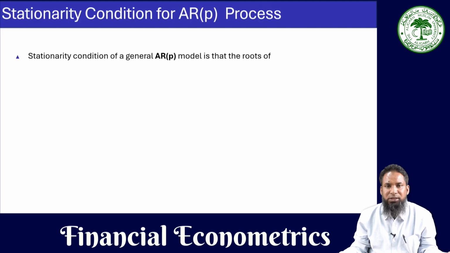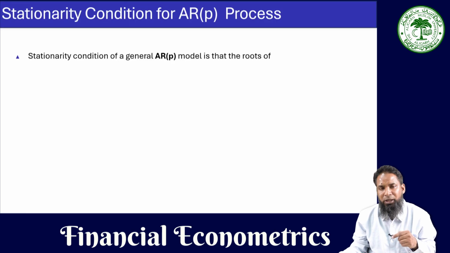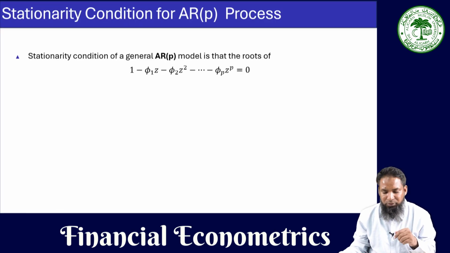So now what is the stationarity condition of a general autoregressive process for order P model? Though already we have discussed the stationarity condition for an AR1 process. So basically for the AR(p) process, the roots of this polynomial equation, that is 1 minus phi 1 z minus phi 2 z square minus phi 3 z cube and up to phi p z to the power p is equal to 0.